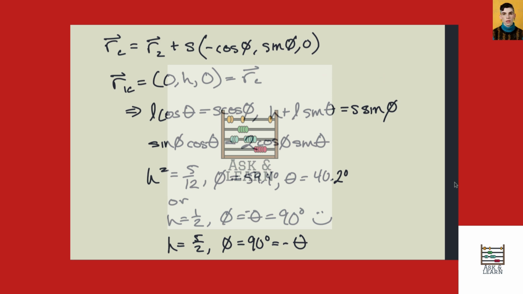No, this was right. I had that before. It was positive there, so this should be a positive. I was thinking I messed it up because I was looking ahead. And so we have h plus L, which is 1, equals S, which is 1.5 times 1.